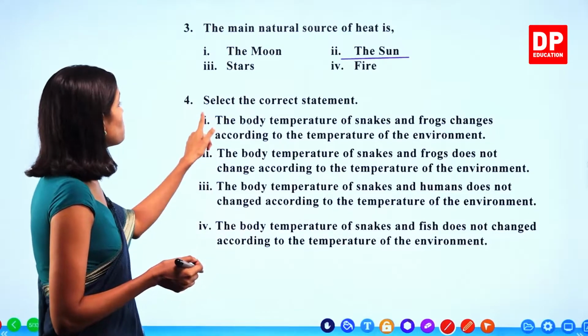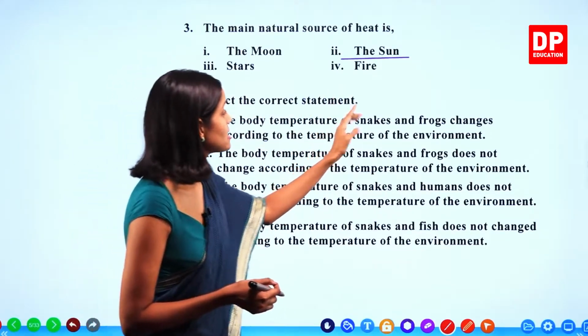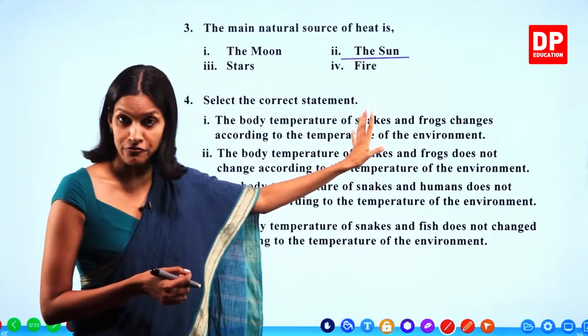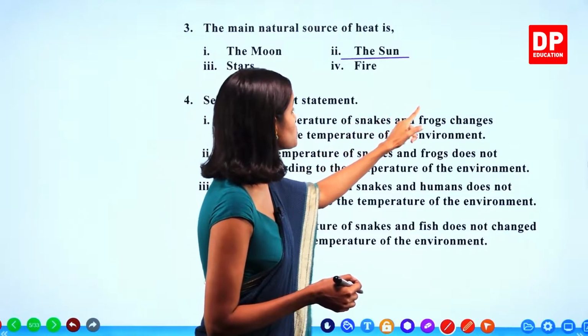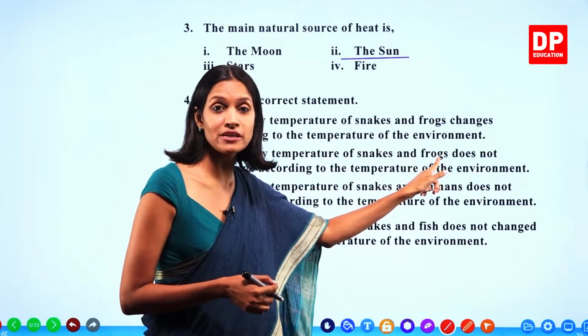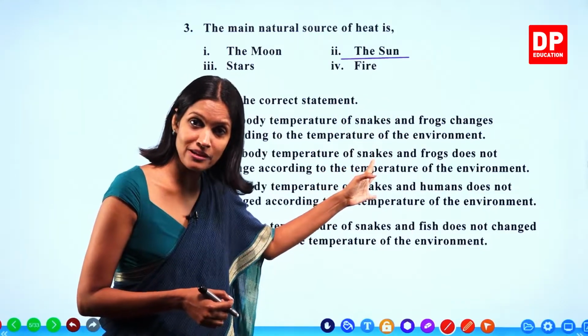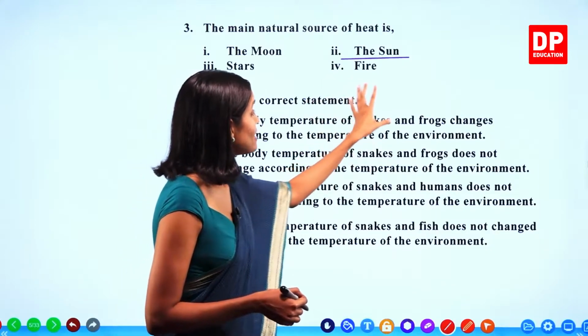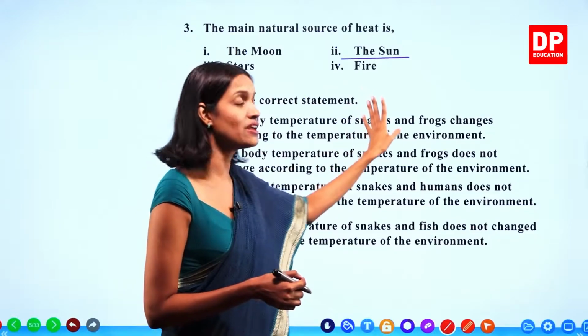Okay. So the body temperature of snakes. Now snakes are reptiles and frogs are amphibians. The body temperature of snakes and frogs changes according to the temperature of the environment. Right? So snakes and frogs are cold-blooded animals. So cold-blooded animals' body temperature changes according to the temperature of the environment.